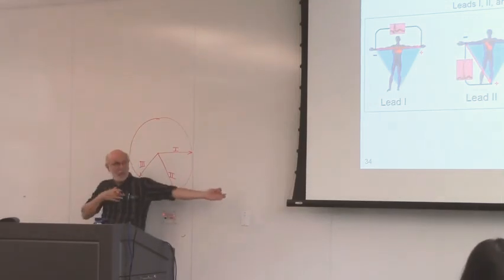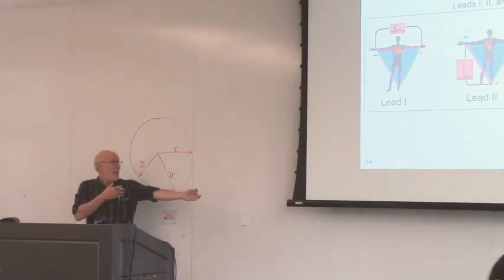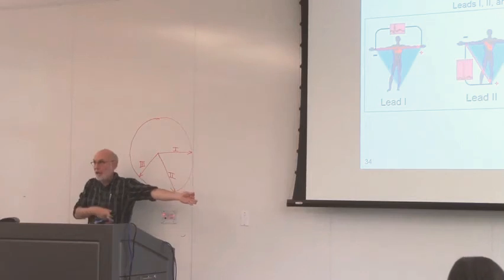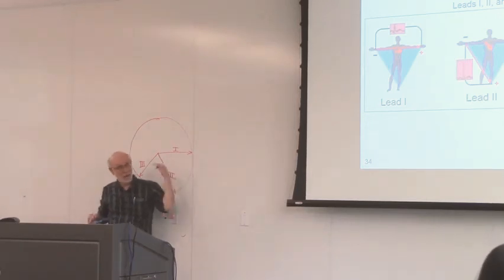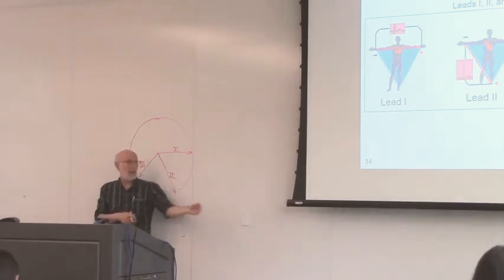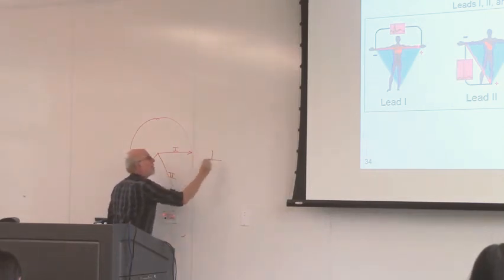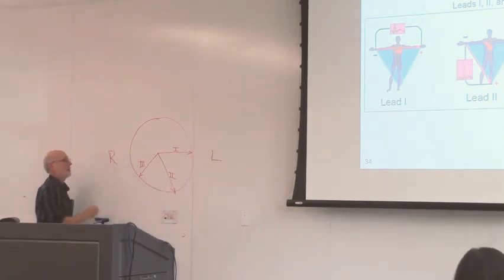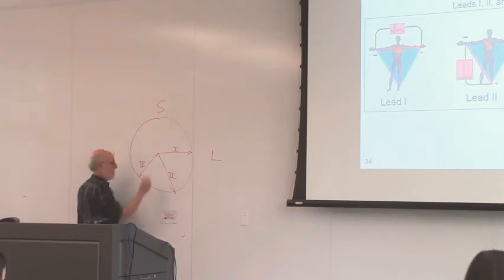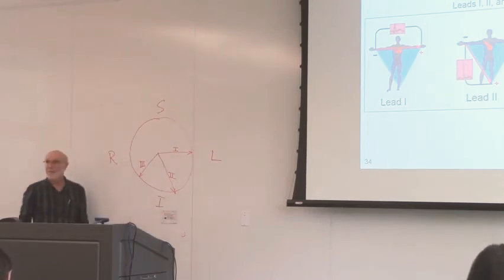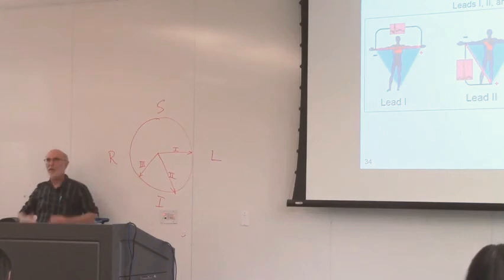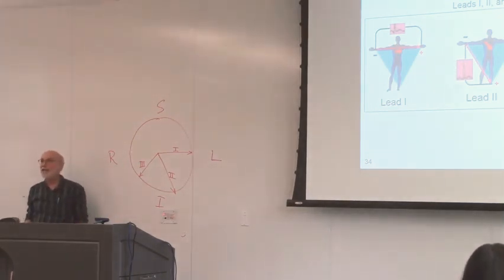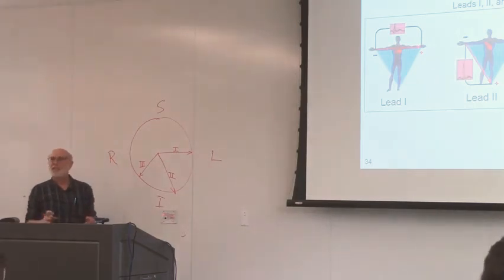So lead 1 defines a vector this way. Lead 2 defines a vector angled down this way, from upper right to lower left. So this is left, and this is right. And this is superior, and this is inferior. That's a compass, a vertical compass on the surface of the body. And these are the orientations of those connections.